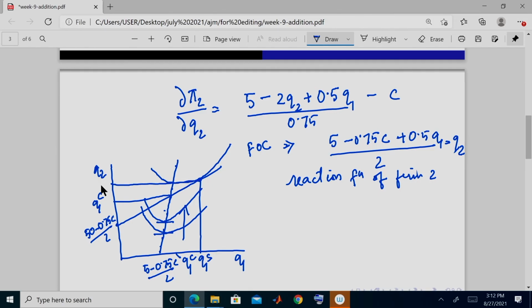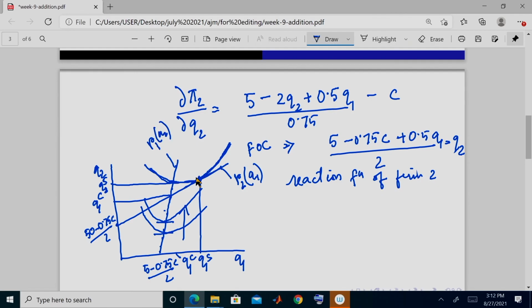It is given by this point S, Q2S, because the Stackelberg outcome is such that the isoprofit curve of firm 1 is going to be tangent to the reaction function of firm 2. This is the reaction function of firm 2 and this is the reaction function of firm 1.